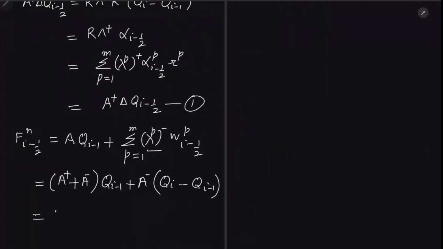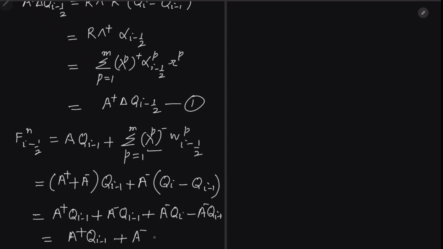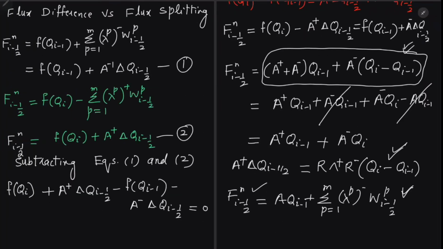So when we expand that, A plus qi minus 1, A minus qi minus 1, A negative qi minus A negative qi minus 1. So that is A plus qi minus 1, A negative qi. That's what we have earlier. In the first case, I actually wrote it directly, and then I showed why this Fn i minus 1 half is equal to the right hand side. So I hope this is clear to you.